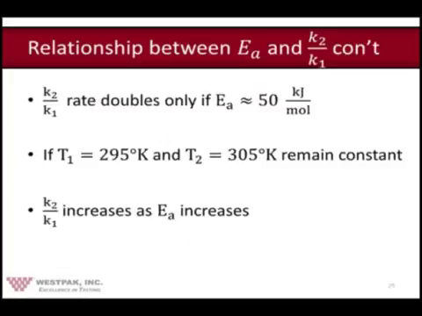Again, the ratio of reaction rates doubles when the activation energy is 50 kilojoules per mole, and at the difference of temperature of 10 degrees Celsius. The temperature of interest to us are ambient conditions, and if we express it graphically, the ratio of reaction rates increases as the activation energy increases.